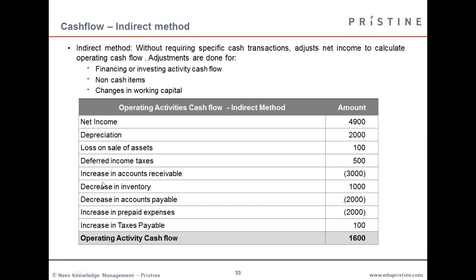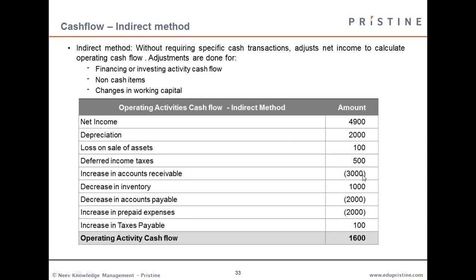So these are the changes that took place in working capital. Working capital, as I said, is the difference between the current assets and the current liabilities. So if we have any differences in these terms, we take care of all these.